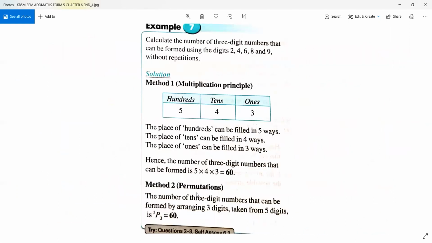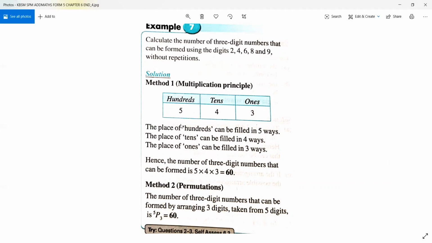Next, calculate the number of 3-digit numbers that can be formed using the digits 2, 4, 6, 8, 9 without repetition. We have 2 methods. One method is the multiplication principle. We have 2, 4, 6, 8, 9. How many numbers can we use to put in the hundreds place?